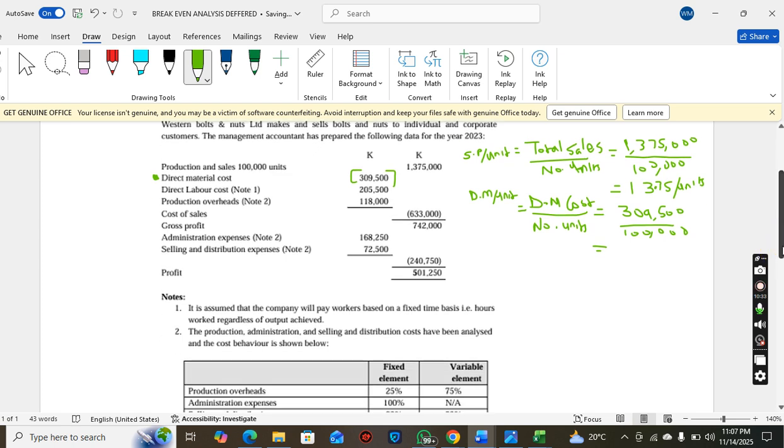The 100,000 is less, so it can go to the decimal points.